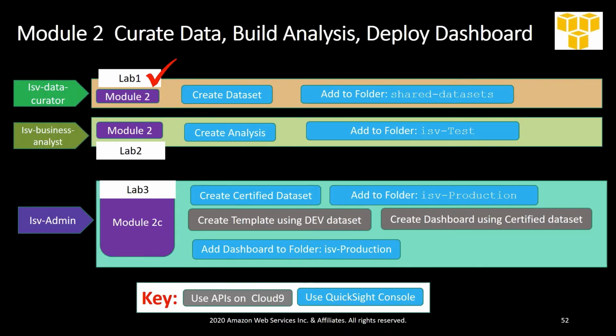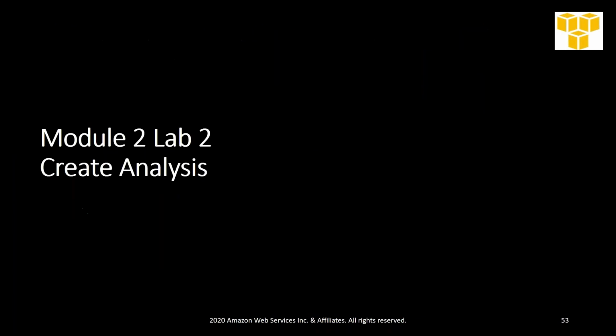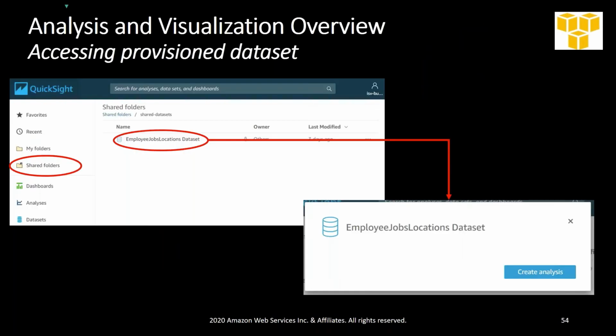And we just finished lab 1. We created the data set, we shared it with the shared data set, we moved it to shared data set. So next module is to create the analysis. So now we are going to log in as a business analyst who will be accessing the provisioned data set.